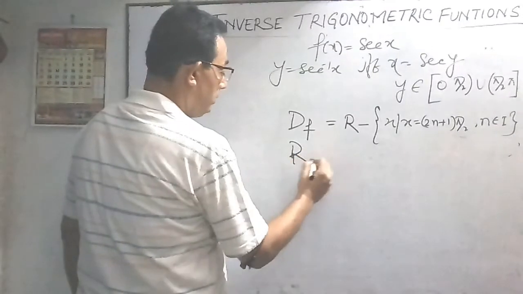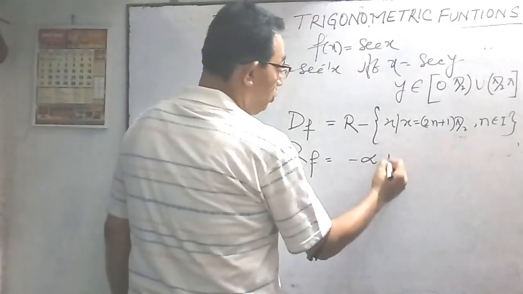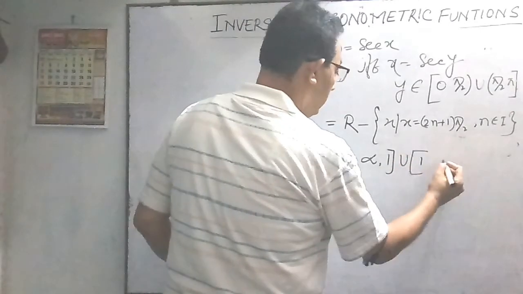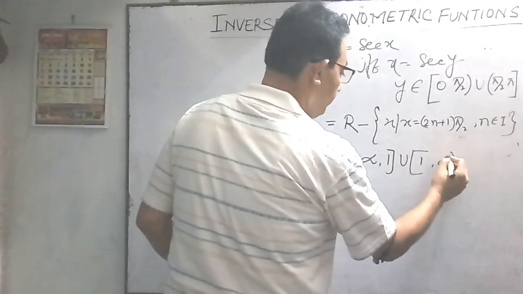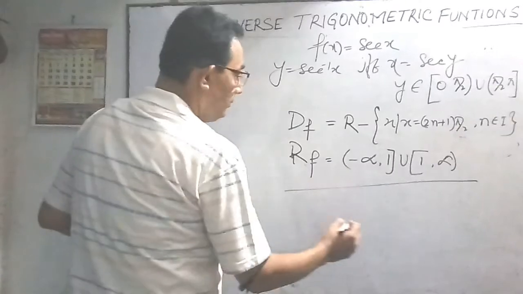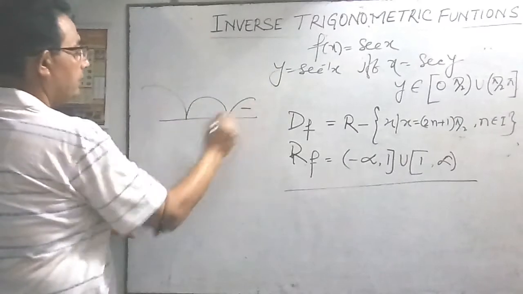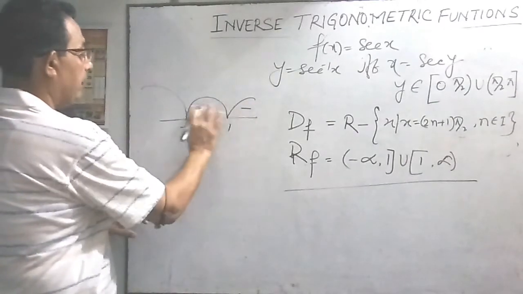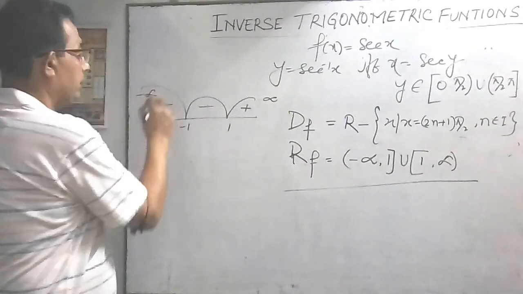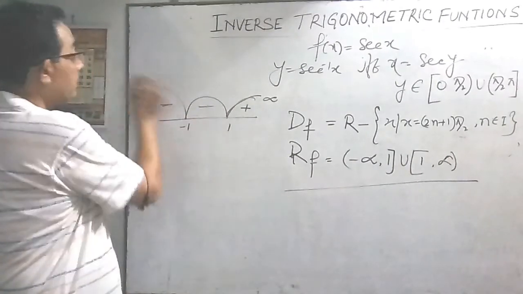What is the range? The range is minus infinity to minus 1 union 1 to infinity. Understood? Because in this case, what is happening? Is the function increasing or decreasing?